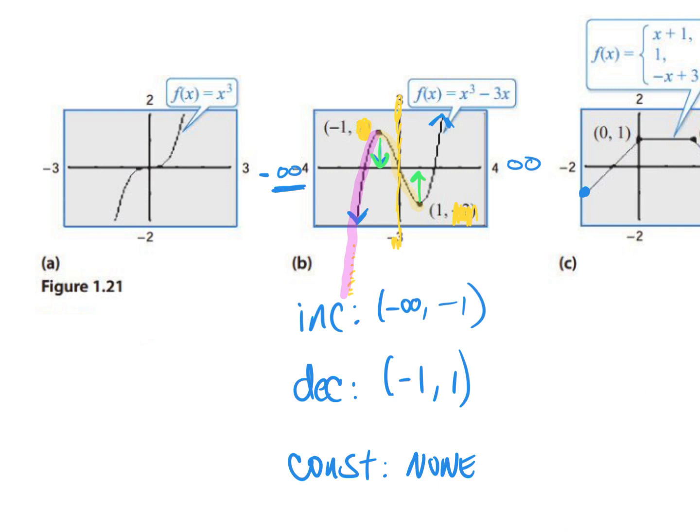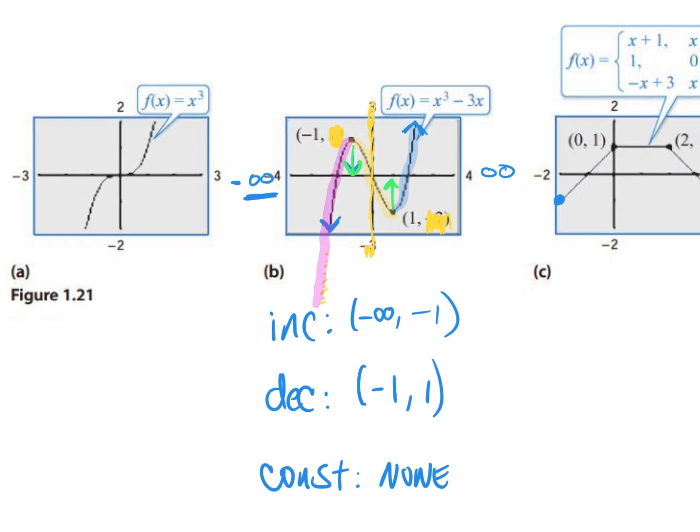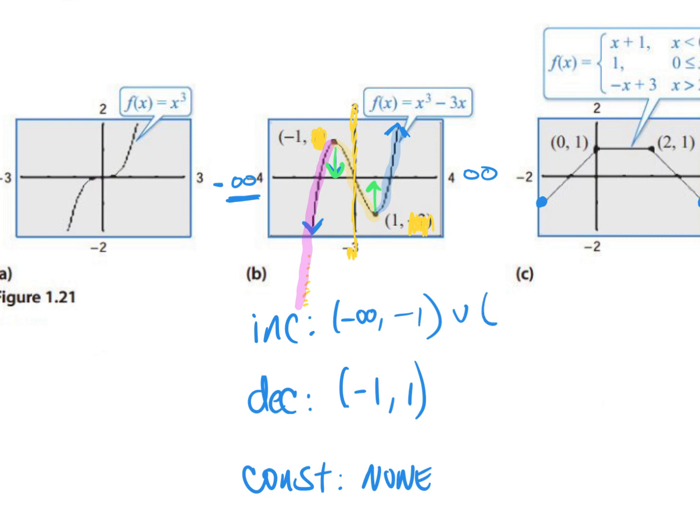Keep following the action of the graph. What's happening? It's increasing. Is that okay to have two intervals of increase? Sure. It's going to increase again from where to where? 1 to positive infinity. Now, guys, I understand it's going up here and you're thinking positive infinity, but because it's on the x-axis, it's getting wider.